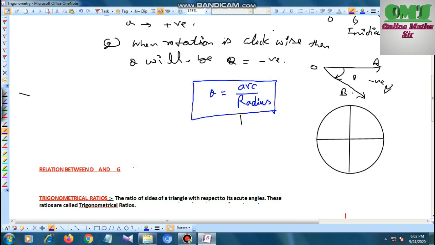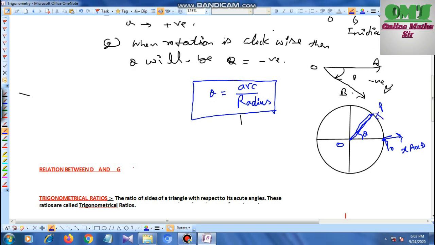Suppose this is a circle of radius r with center O and a point P. Suppose this is the x-axis, and a point P is lying on the boundary of the circle. This is the initial point P naught, and its final position after rotation theta at the center is P.